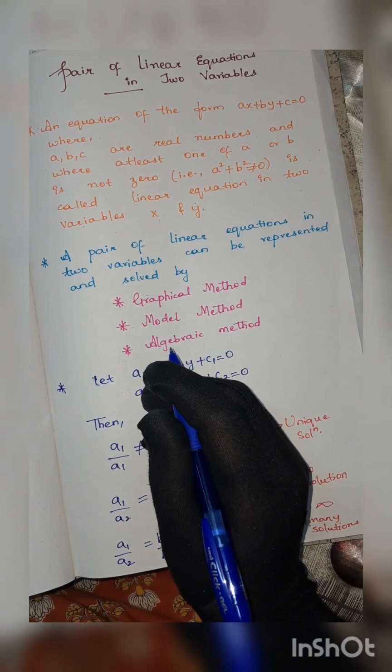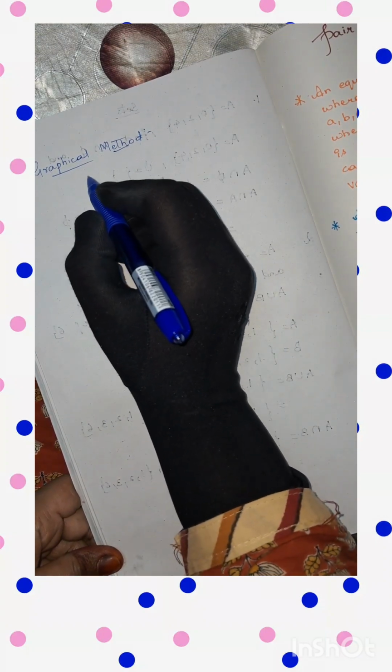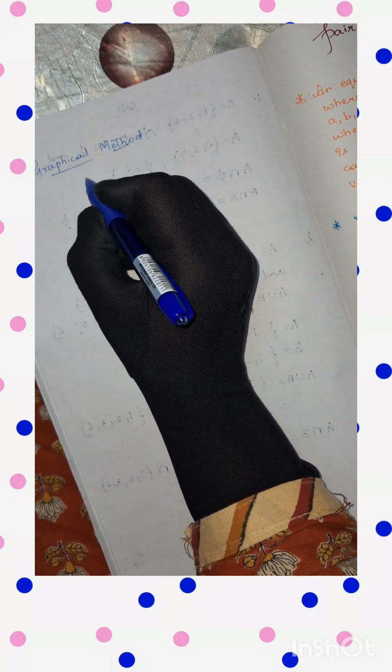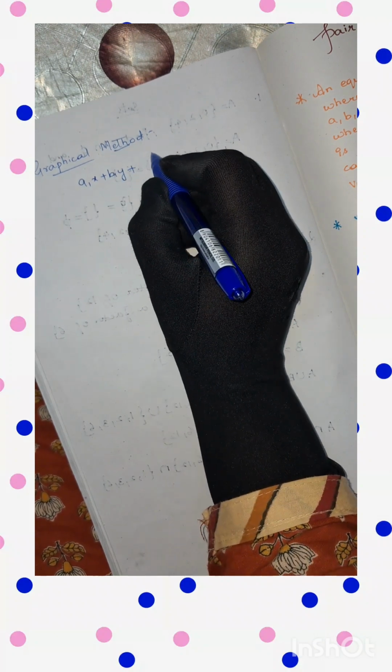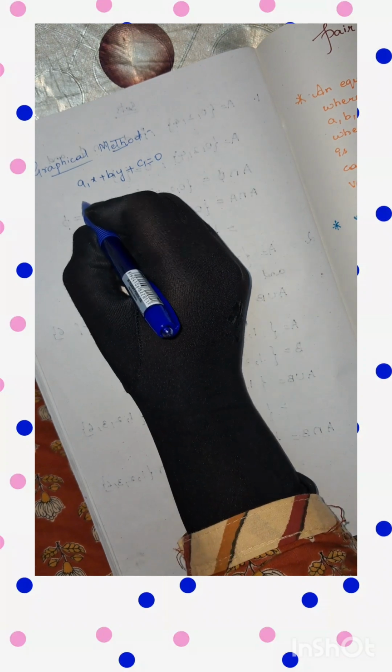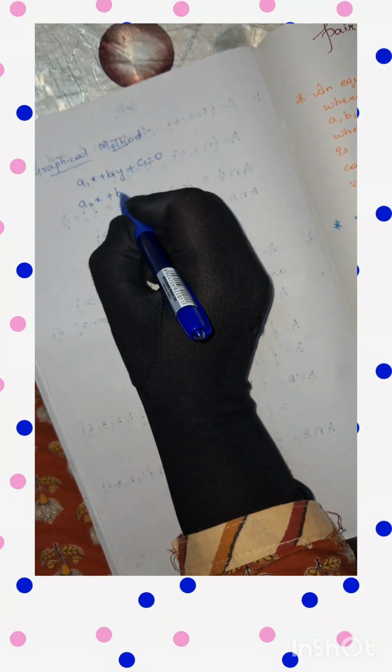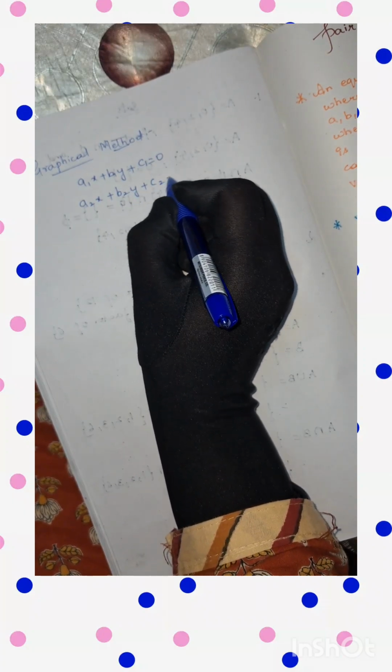So the first method is the graphical method. In the graphical method, let us take two linear equations: a1x plus b1y plus c1 is equal to 0, a2x plus b2y plus c2 is equal to 0.